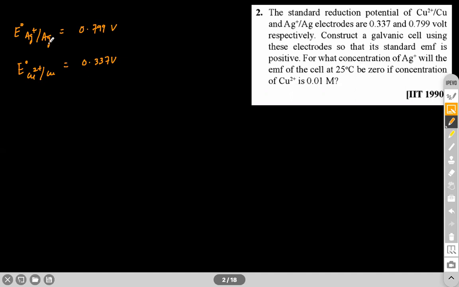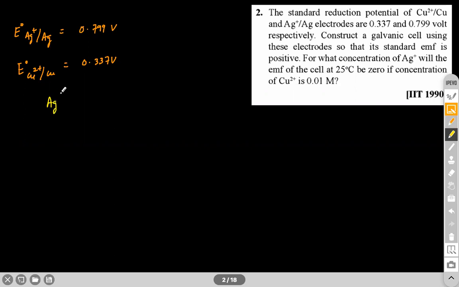This is given. Now, which one has more reduction potential? Cu2+ to Cu and Ag+ to Ag, right? If you write down the two half reactions here, you see what we get.